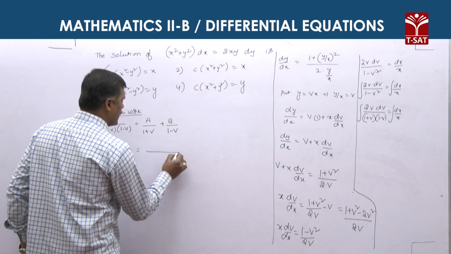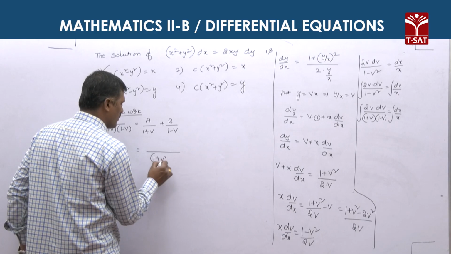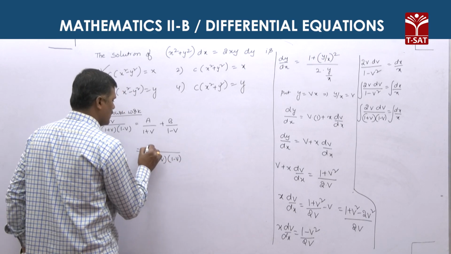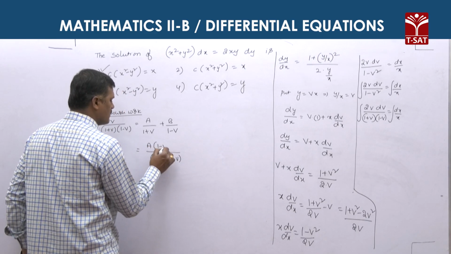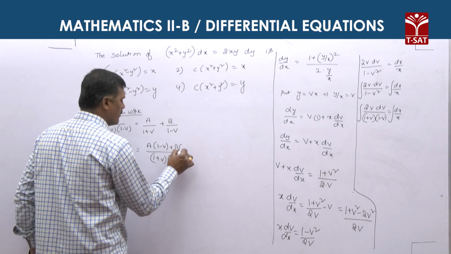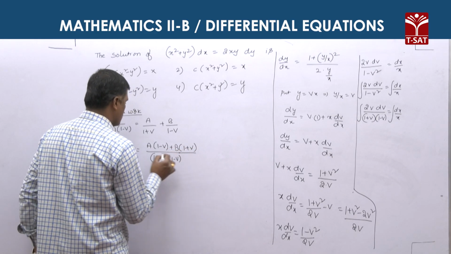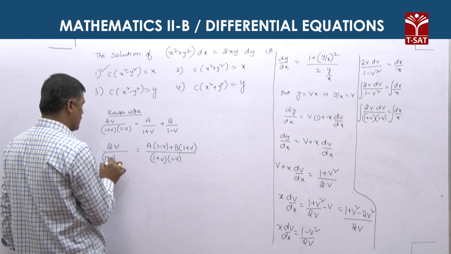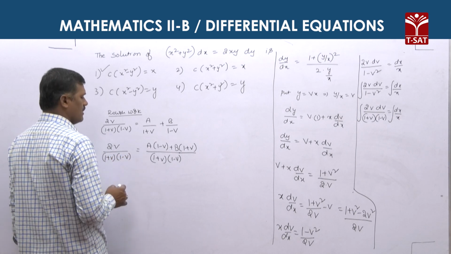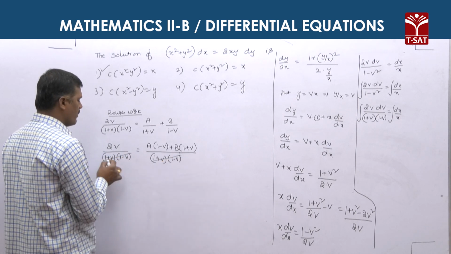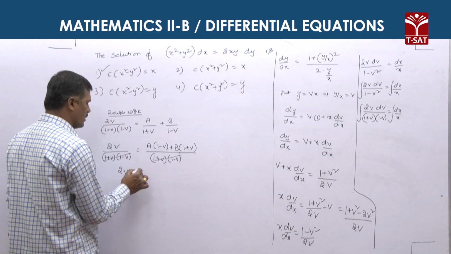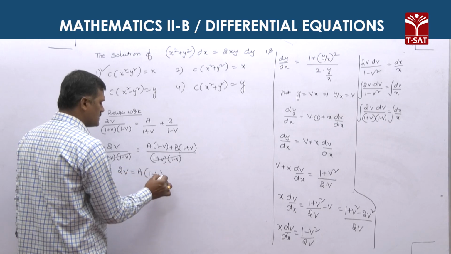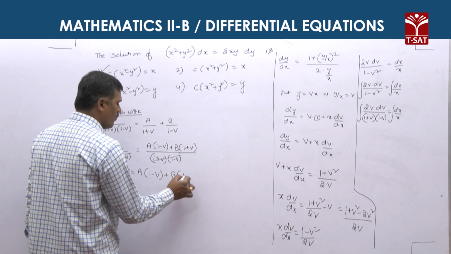Here on the left side the LCM is 1 plus v into 1 minus v: a into 1 minus v plus b into 1 plus v. So the denominator will go, and 2v is equal to a into 1 minus v plus b into 1 plus v.